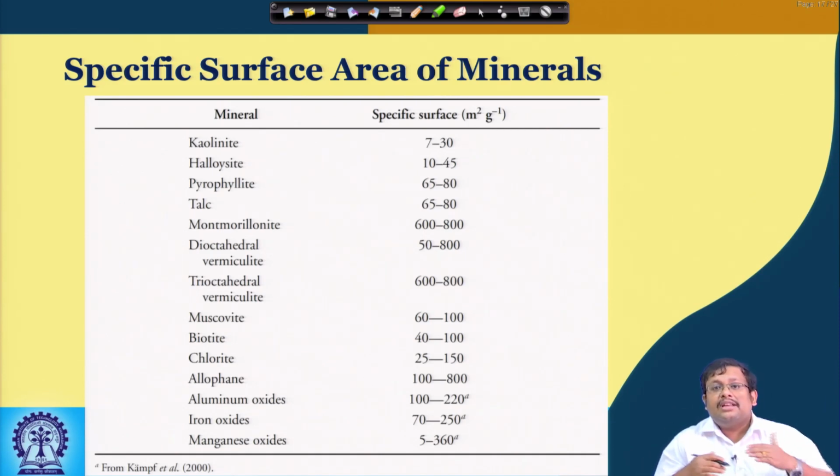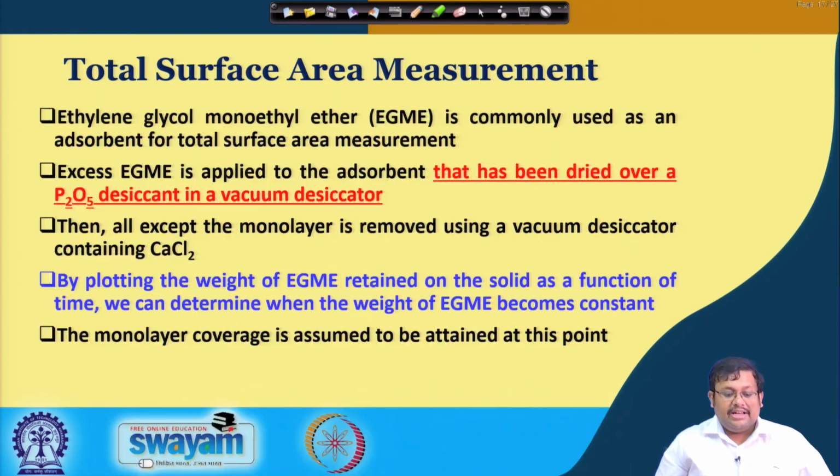Remember, in case of kaolinite, the accessibility of the interlayer is very less. There is no interlayer because the structure is collapsed and there is no interlayer space. However, in case of montmorillonite and vermiculite, there is huge interlayer space. As a result, the specific area is also higher in montmorillonite and vermiculite as compared to kaolinite.